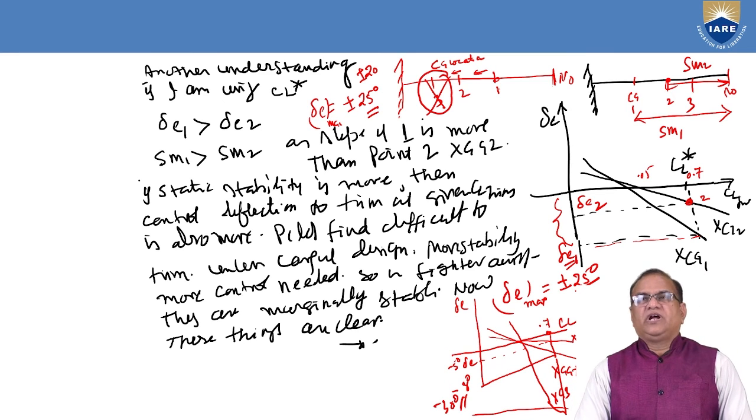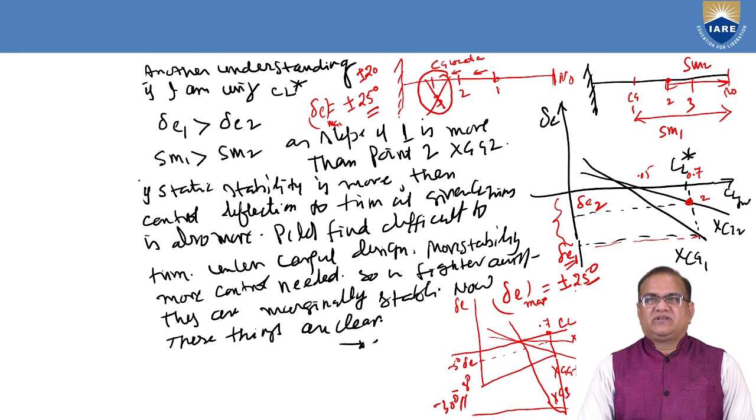I hope today's class was very interesting and you have learned about aircraft control, that is longitudinal control, and it is about elevator control. I have discussed two important issues today.